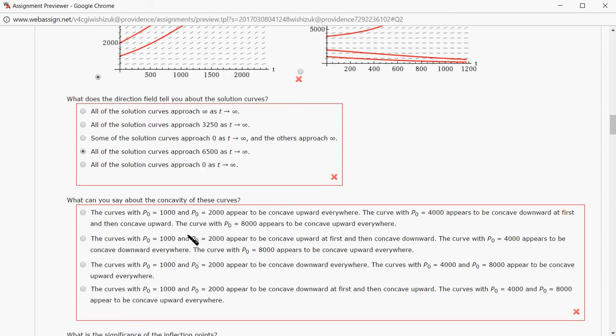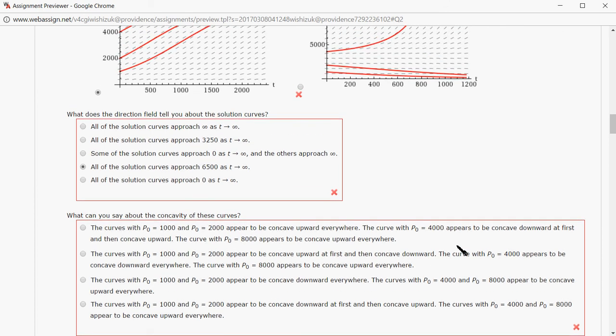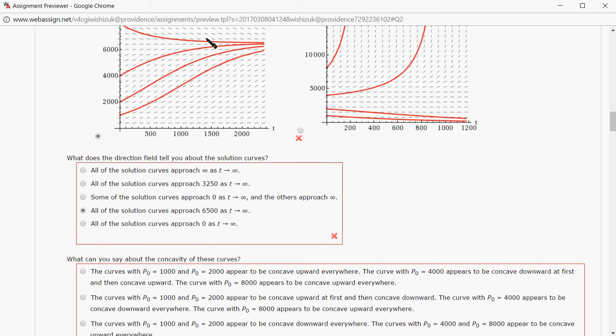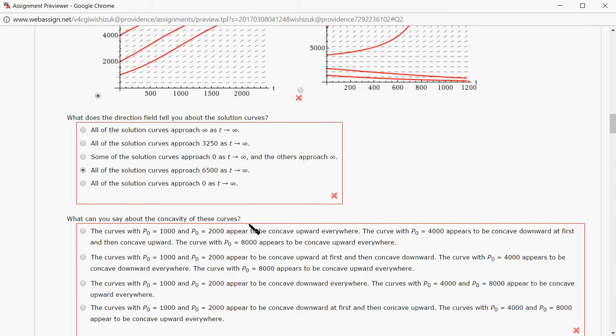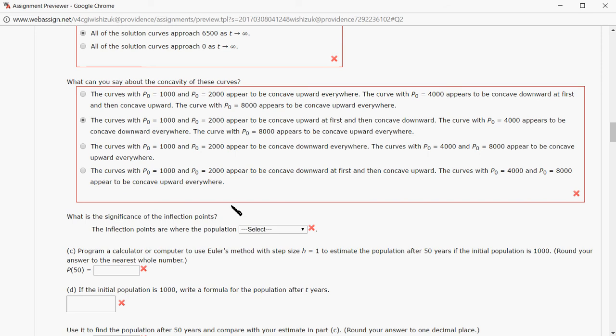That's not true. Curves appear to be concave upward first, then concave downward. So that looks good. And the P0 equals 4,000 appear to be concave downward everywhere. So that's good. And that curve appears to be concave upward everywhere. So this is going to be it.